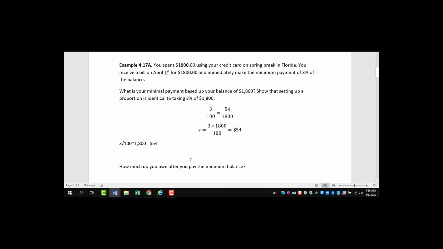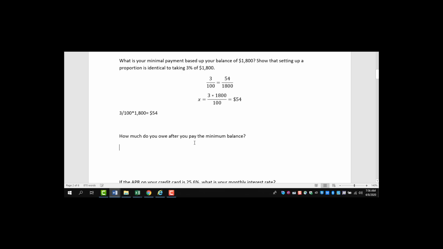So how much do you owe after you pay the minimum balance? Well, you're going to owe $1,800 minus $54. So you're going to owe $1,746, I believe.